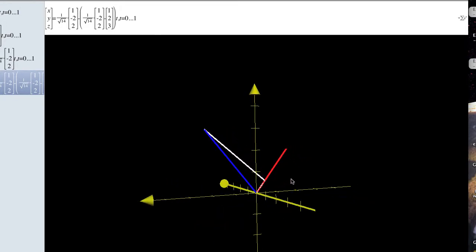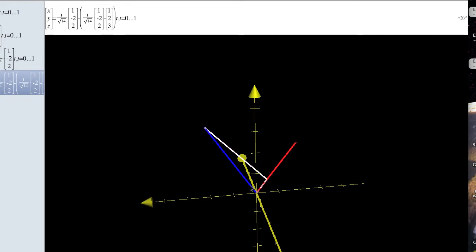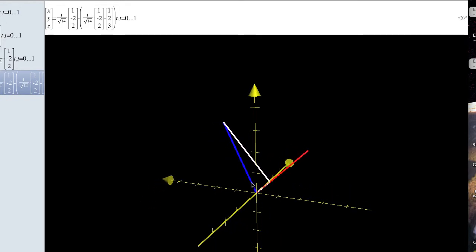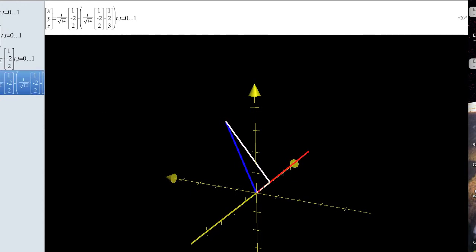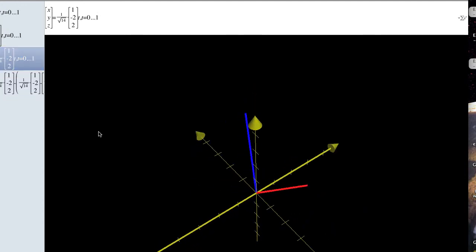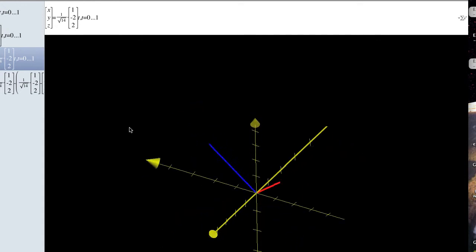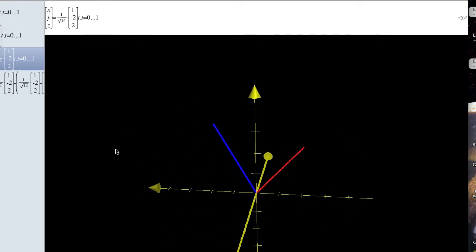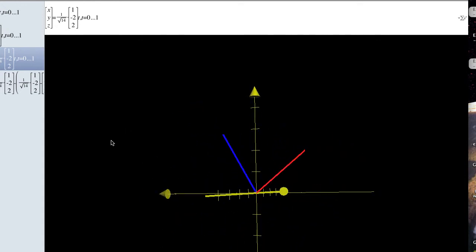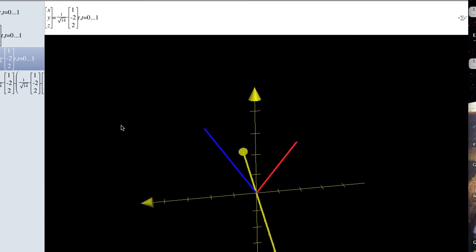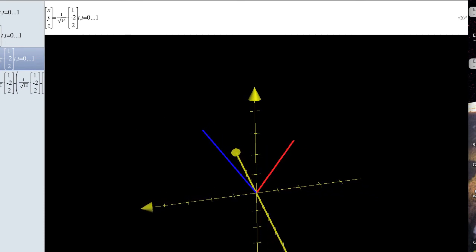This is a right triangle, as you can see. And this angle right in here between the blue and the red, that angle right there, I'm saying was 74.5 degrees. And you look at it, and that looks like that's just about right to me. Okay, so that's an example of how this all works. And until next time.